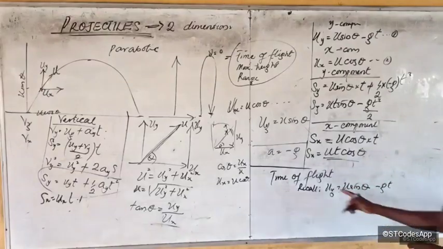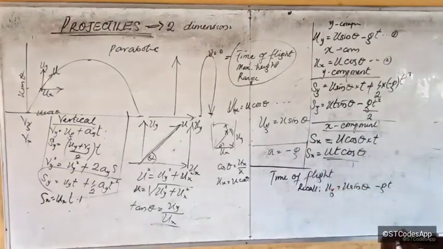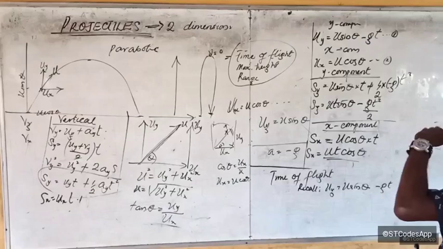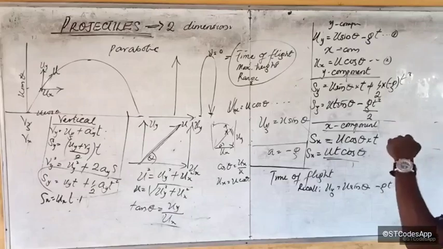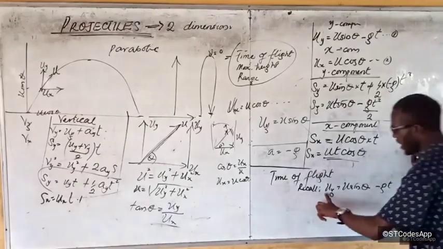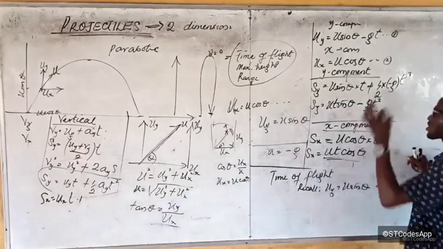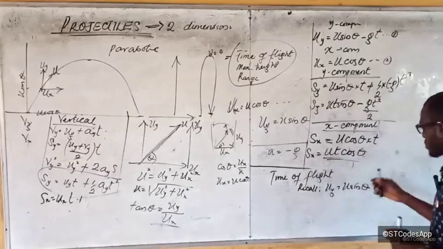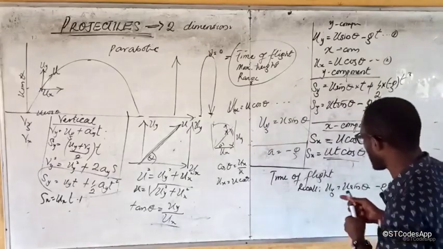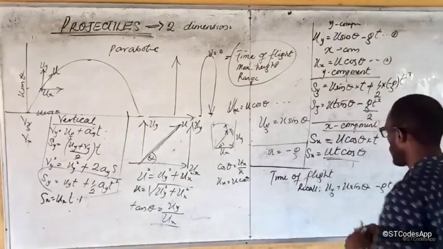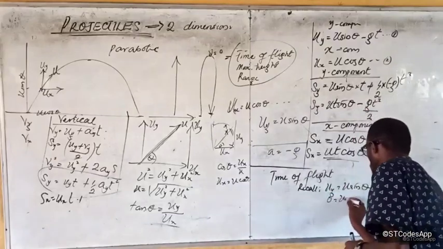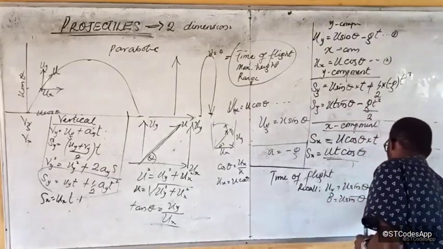So u sub y at maximum height, first, let's calculate the time it will take to reach the maximum height. At that point, v will be 0. So 0 will be equal to u sine theta minus gt.